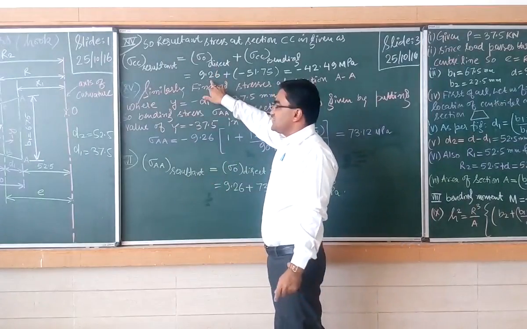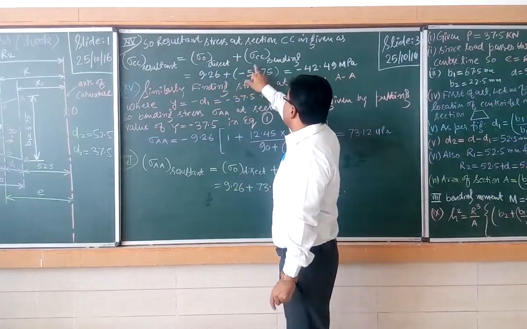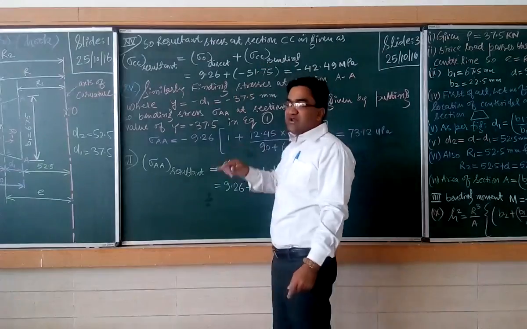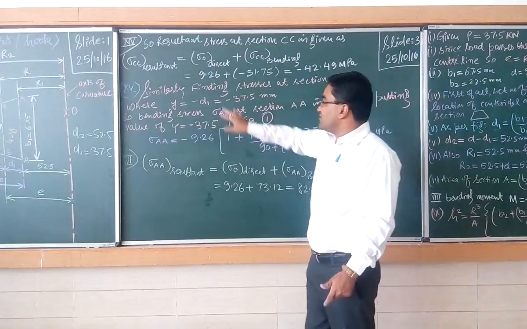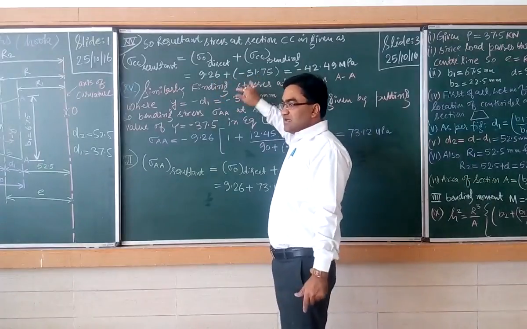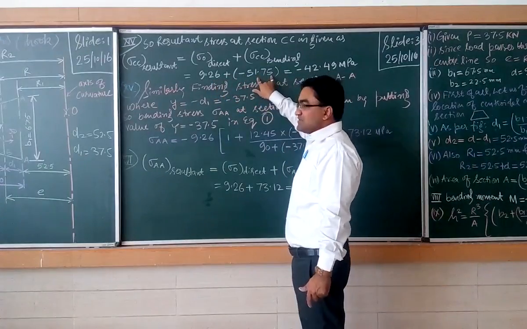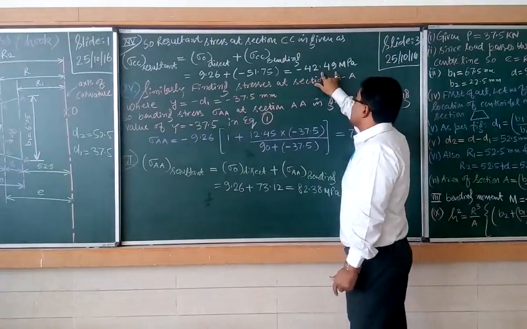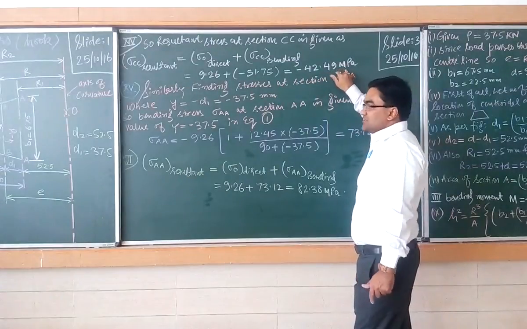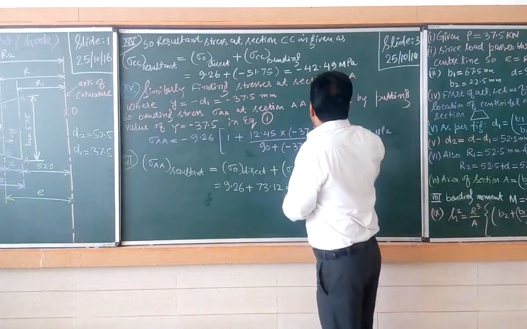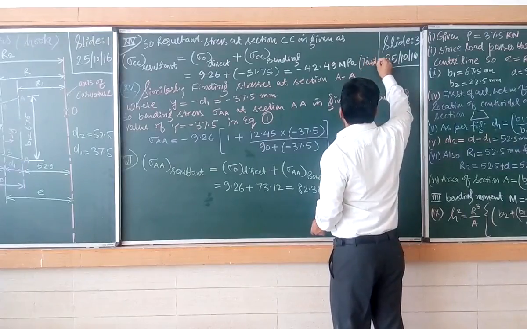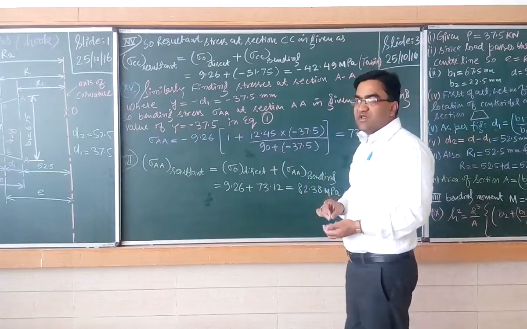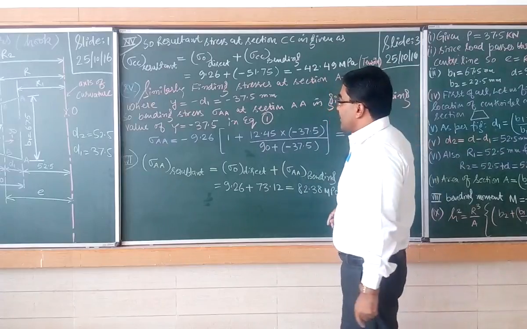First one is the direct stress 9.26, plus, since this is negative in nature, negative means it is in a direction which, if the other is compressive, then this is tensile. So minus 51.75, the total value will be minus 42.9 megapascal at section CC. So this will be tensile in nature. Obviously quite clear from the figure. Point number 1.